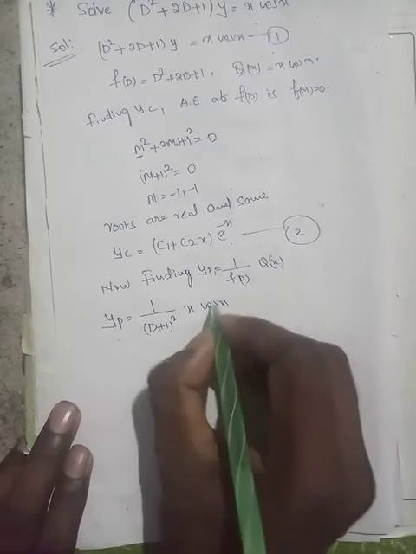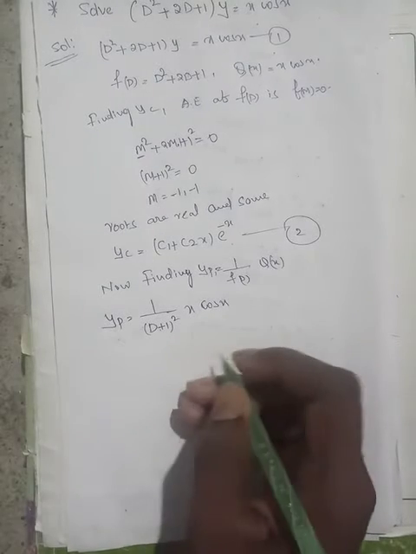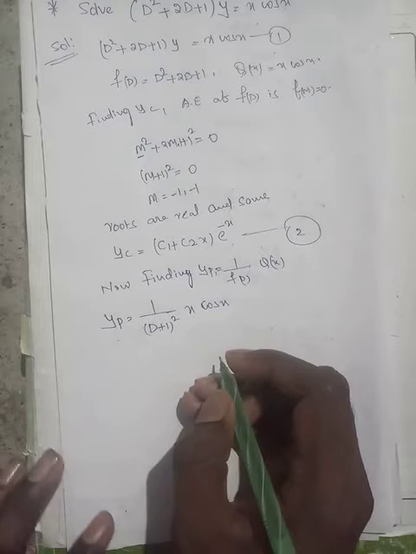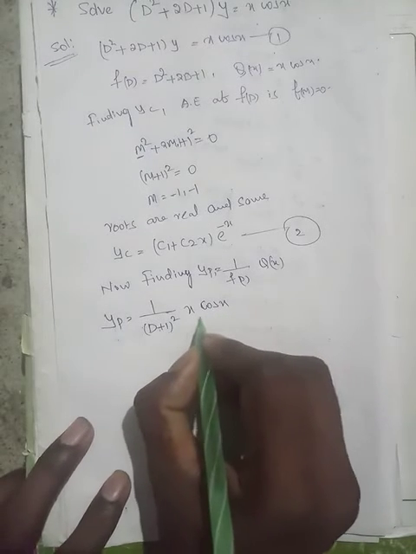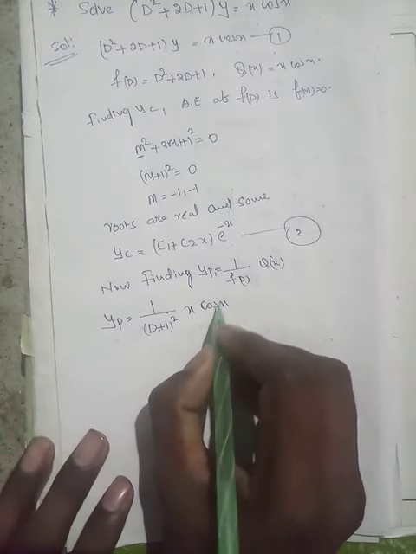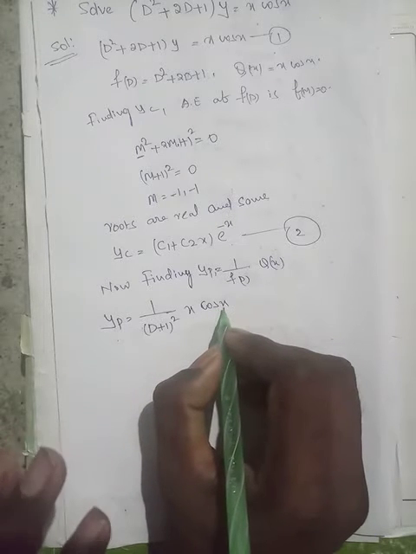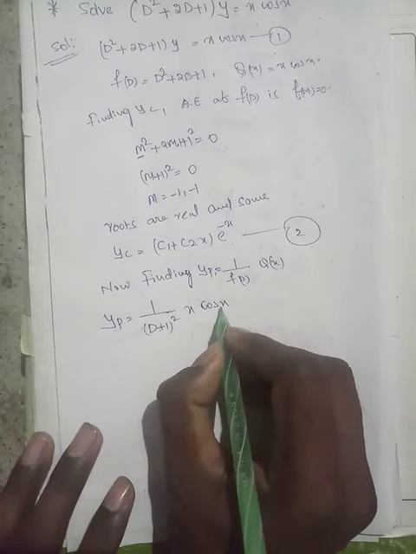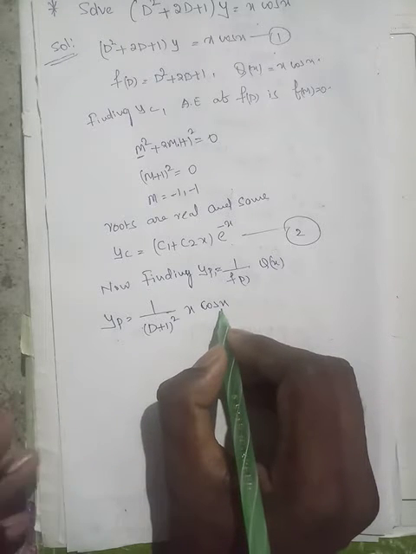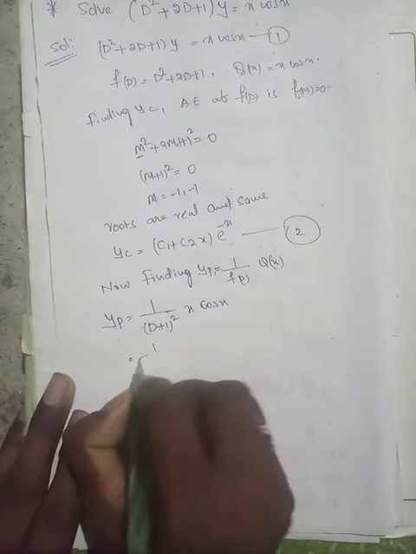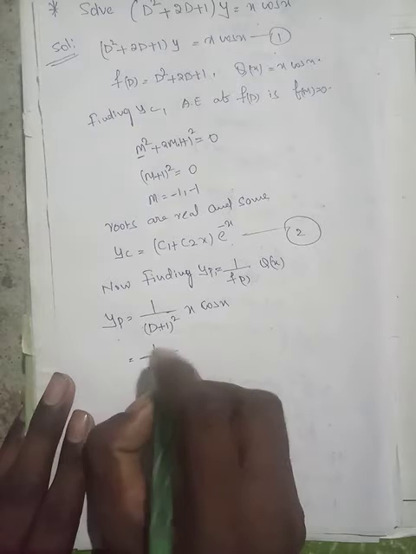Now we need to change this by multiplying x power m into e power iax. In the place of a, what do I have here? The x coefficient is 1, so a equals 1.